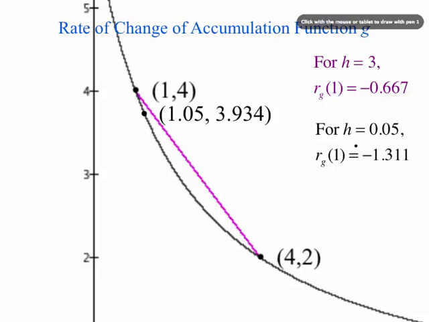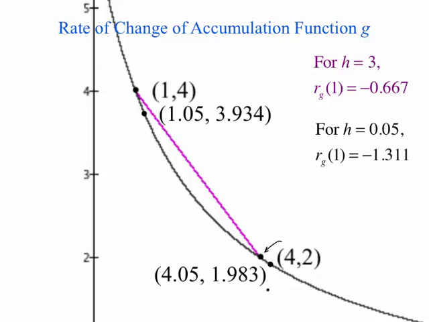Do it for h of 0.05, but at this point now. So now x equals 4, and h equals 0.05. So this is the point here, this is the point 4, 2. And this is this point here.